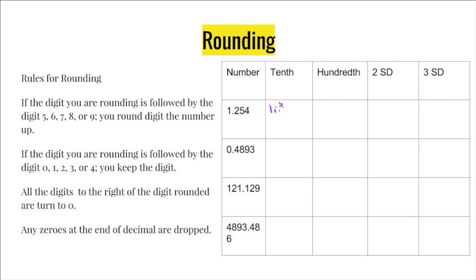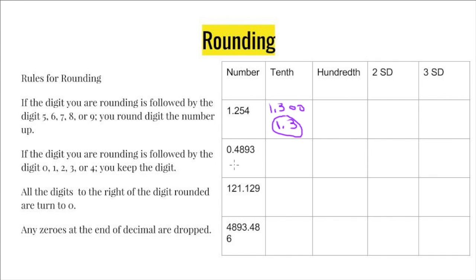And we get 1.3. But the numbers 5 and 4, they are changed and rounded to zeros. And then finally, in our last little step, it says any zeros at the end of a decimal are dropped. So we can simply say that 1.254 rounded to the nearest tenth is just simply 1.3.